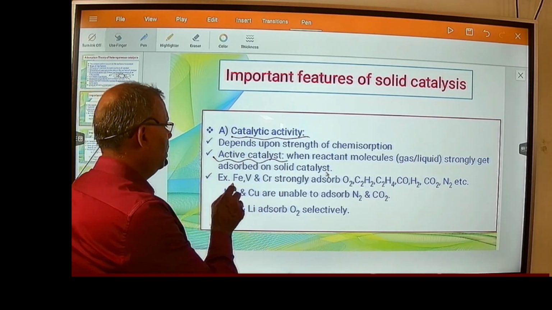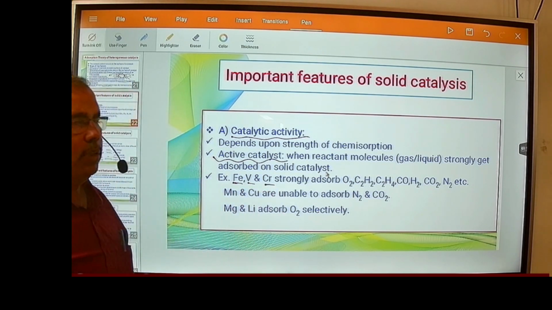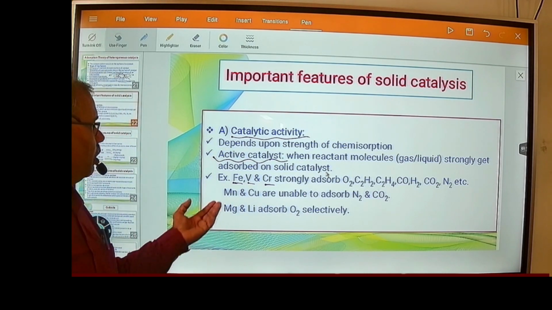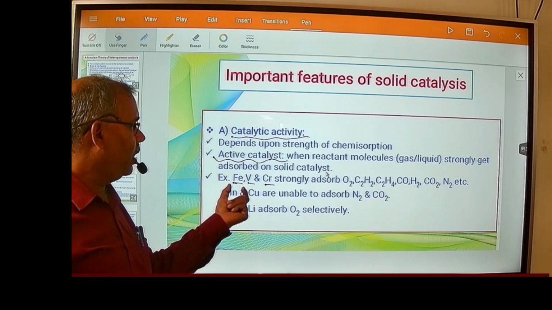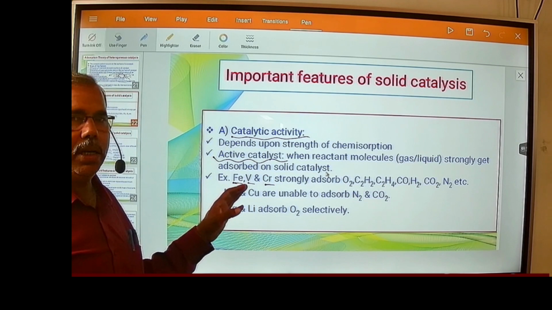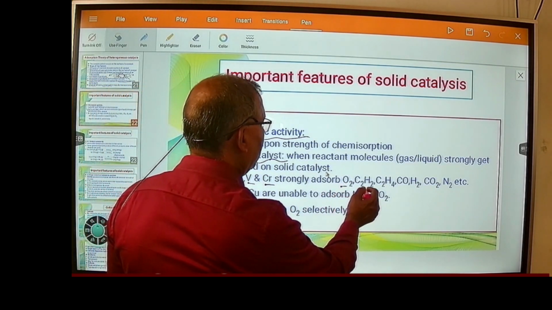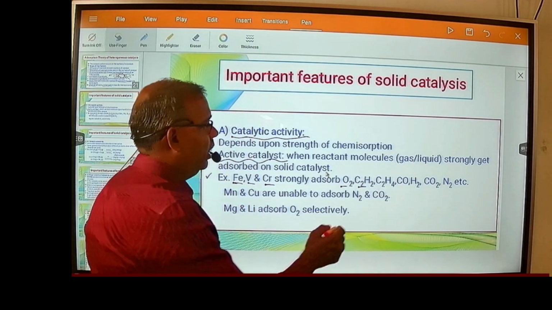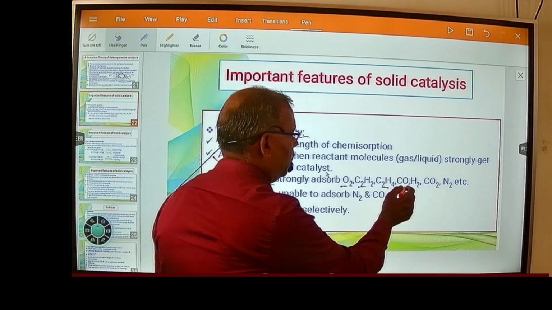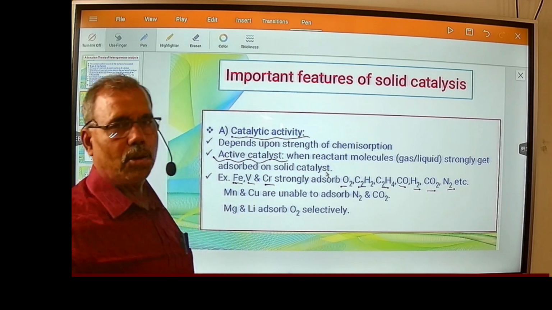For example, elements iron, that is metal, then vanadium, chromium, they are strongly adsorbed. The metals like iron, vanadium, chromium, they strongly adsorb the different gases on their surfaces, such as oxygen, O2 gas, then acetylene gas, C2H2, then ethylene gas, C2H4, carbon monoxide, CO, H2, dihydrogen, then carbon dioxide, CO2, or dinitrogen, that is N2 gas.